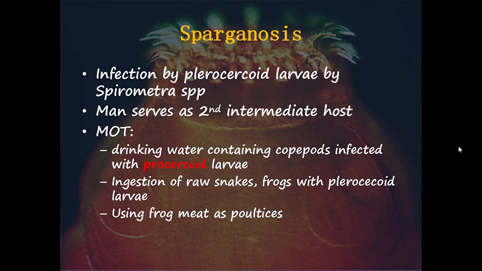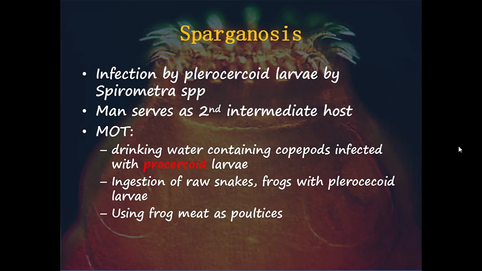Okay? In this case, man becomes the second intermediate host. So they get infected by the procercoid larvae from the first intermediate host, and the procercoid larvae will not mature actually, but will transform to become the plerocercoid larvae. And usually this is seen in Spirometra species.